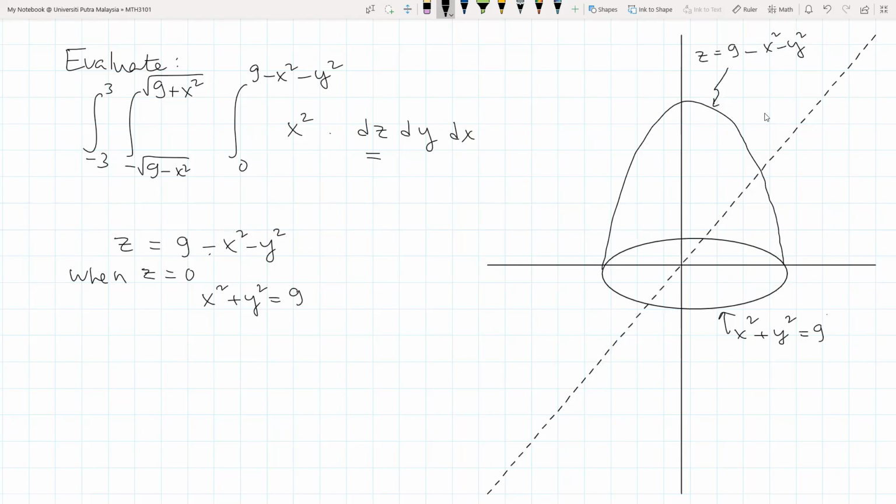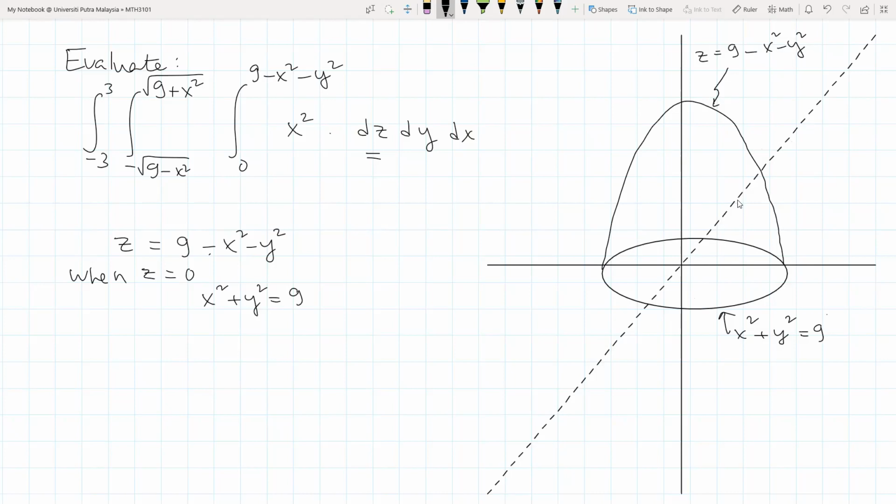So this is like an inverted bowl. Okay, in this case, this is type 1. So what you do is find the area first, and then you can evaluate the integral.